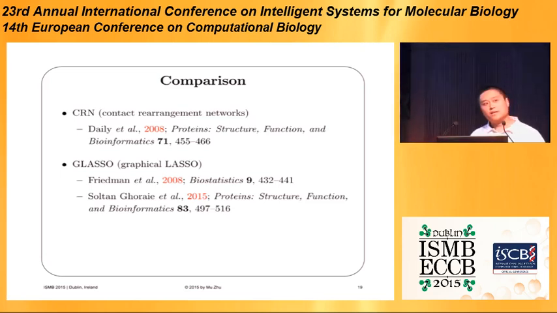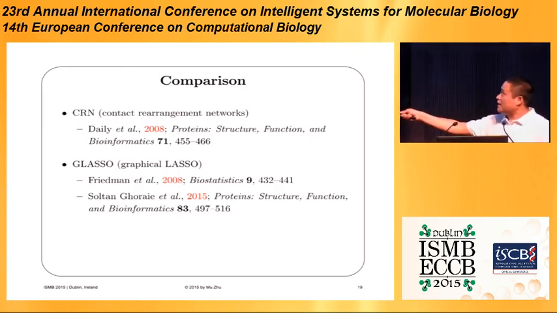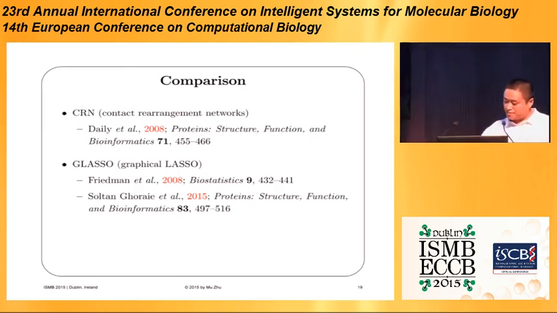We also used an off-the-shelf statistical method that's reasonably new, called the graphical lasso, for characterizing the dependence of two positions. And we actually did this ourselves in an earlier paper.